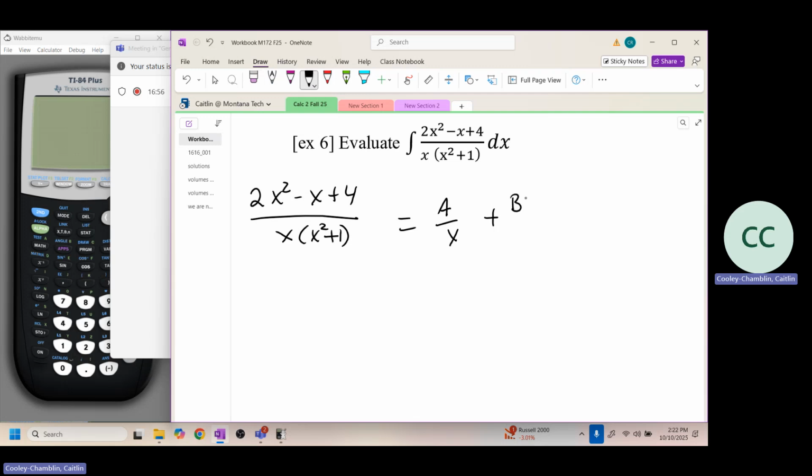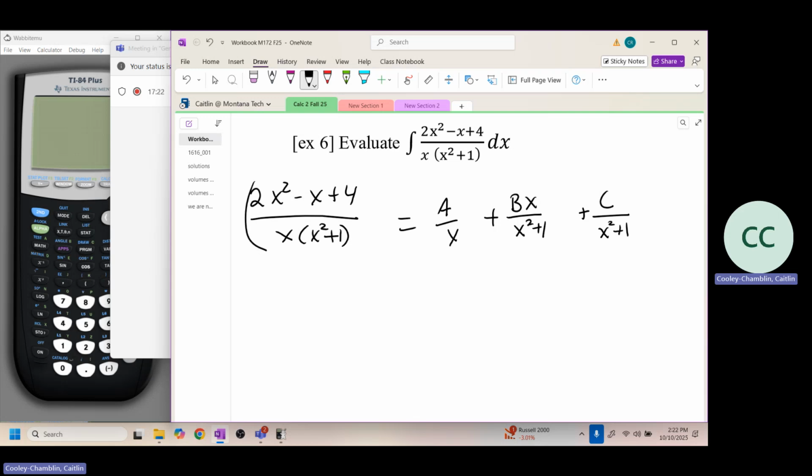So we'll have Bx over x squared plus 1 plus C over x squared plus 1. This is the fix. It's not very fun. It's not very pretty, but this is the fix. It gives us a linear term to work with.